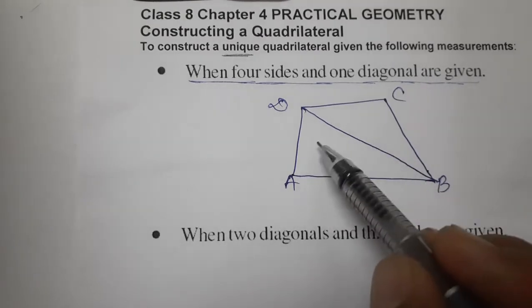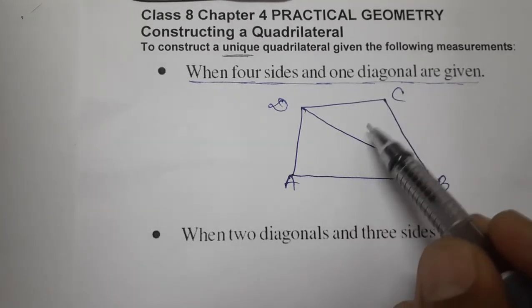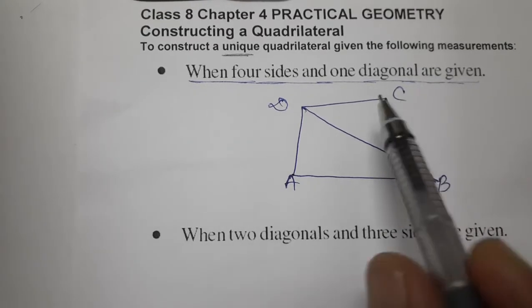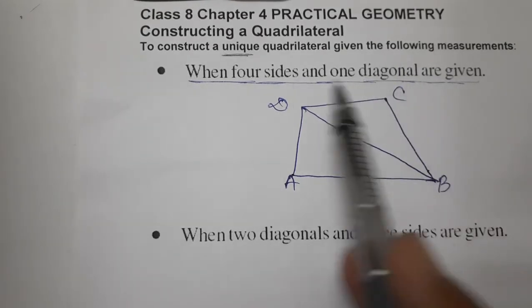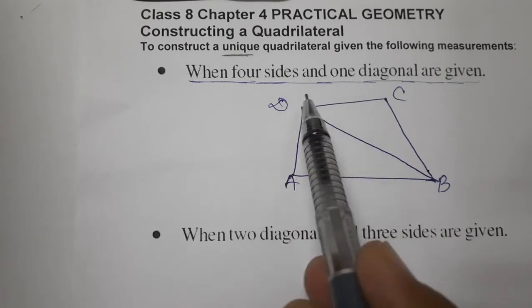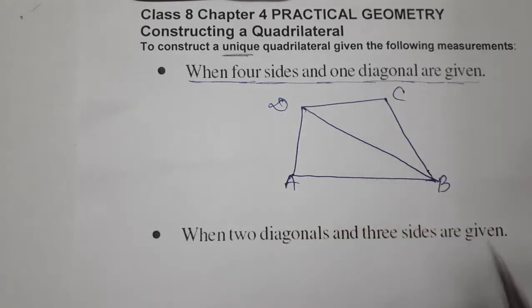Any one diagonal out of the two diagonals, and four sides are given. Then we can easily construct a quadrilateral. This is the first case.